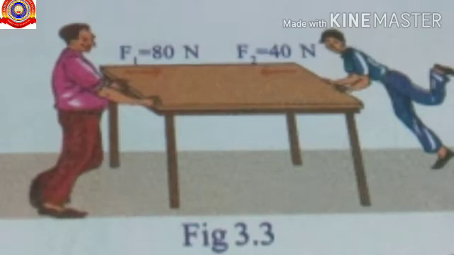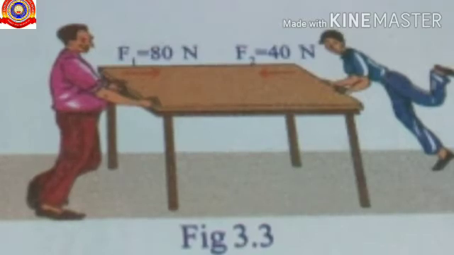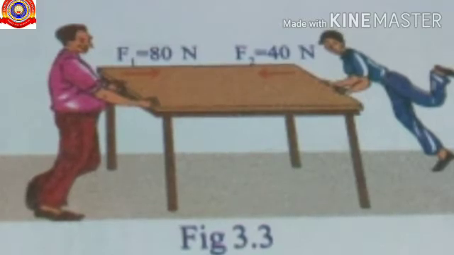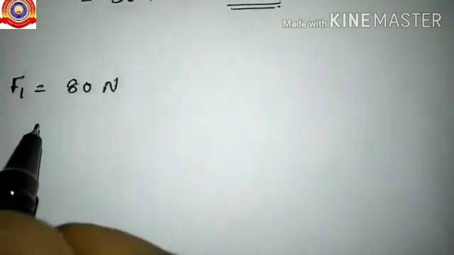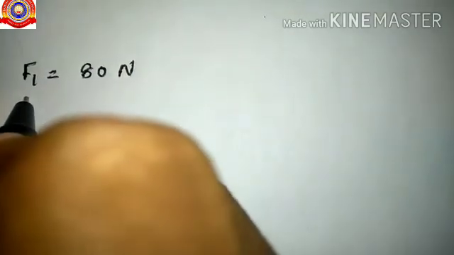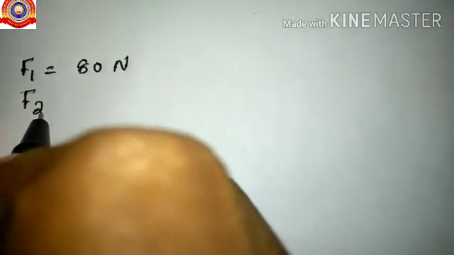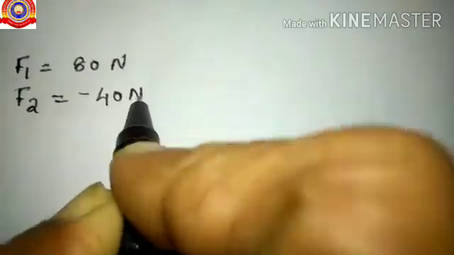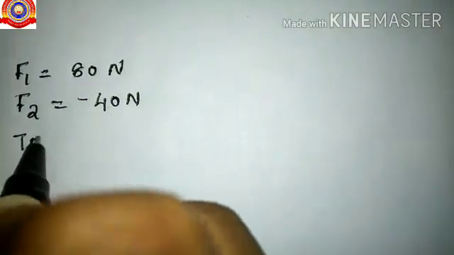Here two boys are pushing the table from opposite sides with unequal force. In the previous figure the force is equal, and here the force given is unequal. Let's see what the resultant force is here. F1 equals 80 Newton, and F2 is 40 Newton, but the force given by the second boy is in the opposite direction, so we give a negative sign, that is minus 40 Newton.